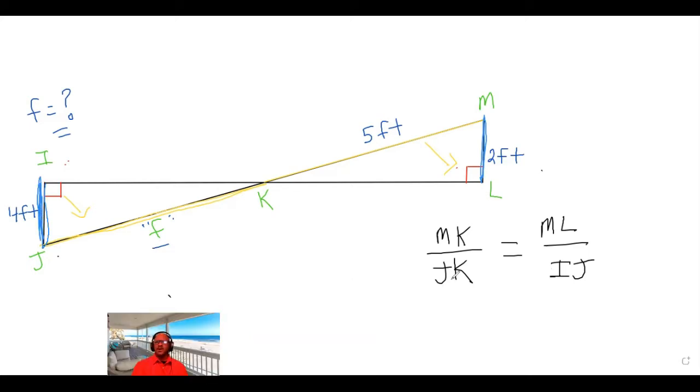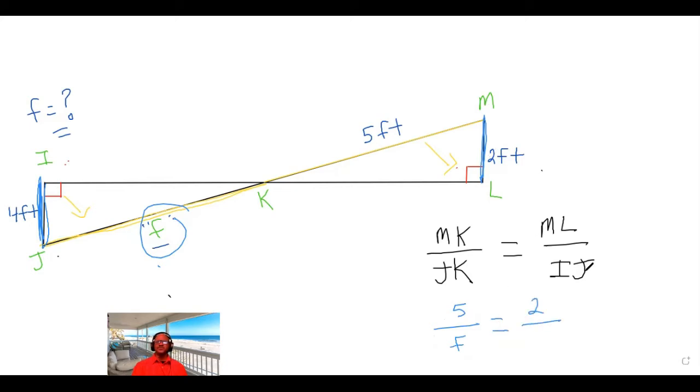All right. So what is MK? Yes, MK is 5. What is JK? JK is merely F. That's the measurement in here. So we're just going to put the unknown of F right there. Got the equal sign. And what is ML? Yes, ML is 2. So we're going to go ahead and put the 2 up here.